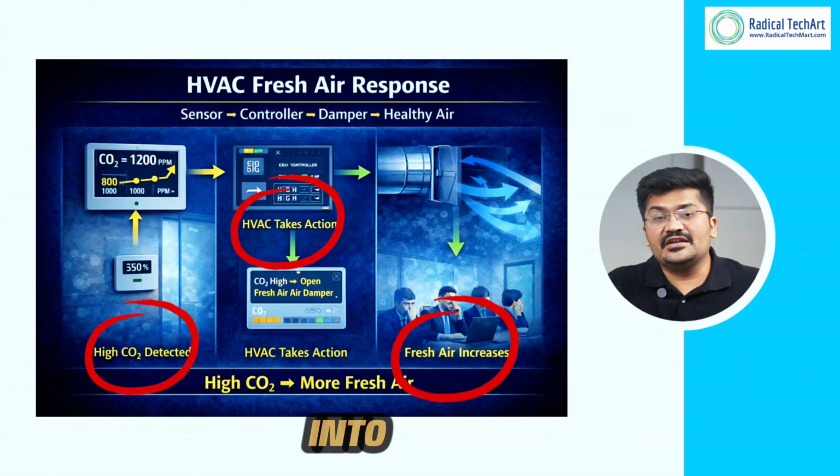Let us first understand CO2 sensors. CO2 sensors measure the concentration of carbon dioxide in air. The most common technology used in CO2 sensors is called NDIR. NDIR stands for non-dispersive infrared sensing. These sensors detect CO2 by measuring how carbon dioxide absorbs infrared light.